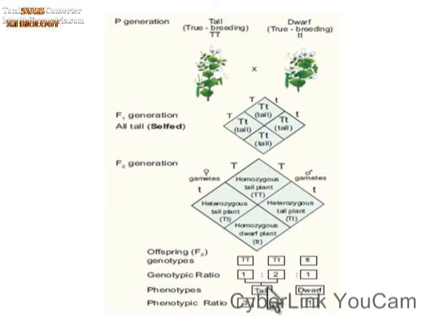So this is how he got the genotypic ratio of 1:2:1. But if you see the phenotypic ratio, it is 3:1. Three plants were tall and only one plant was dwarf. The combination of tall and dwarf genes also produced a tall plant, because the tall allele is dominant and the dwarf allele is recessive. So in the end only the dominant one is expressed.